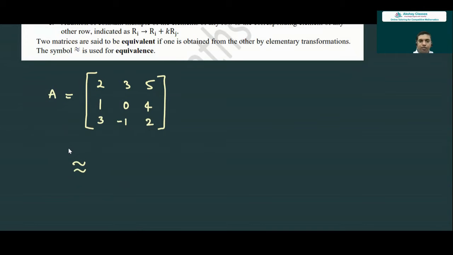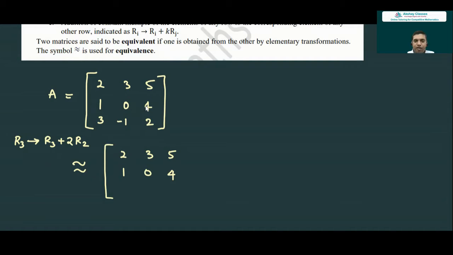What I will do is row 3 becomes row 3 plus 2 times row 2. So 2, 3, 5 remain as they are because the operation is only on row 3. The first and second rows remain as they are. The third row becomes the third row plus 2 times the second row.